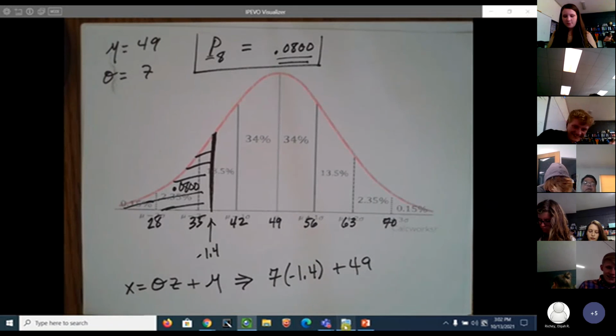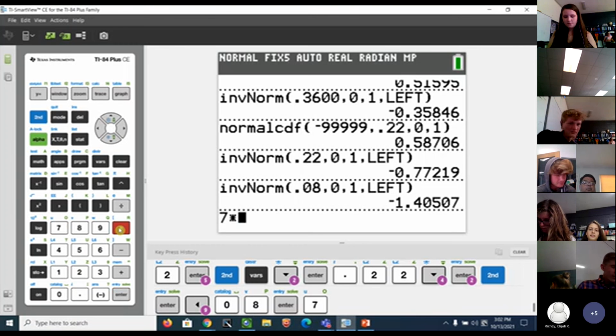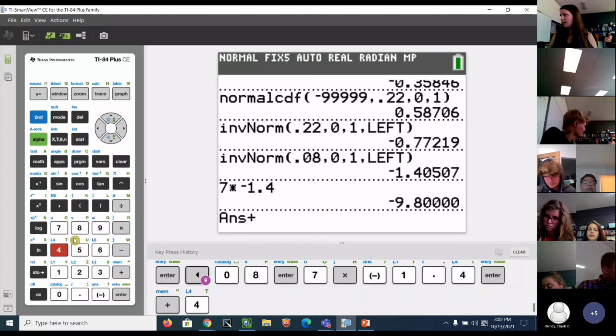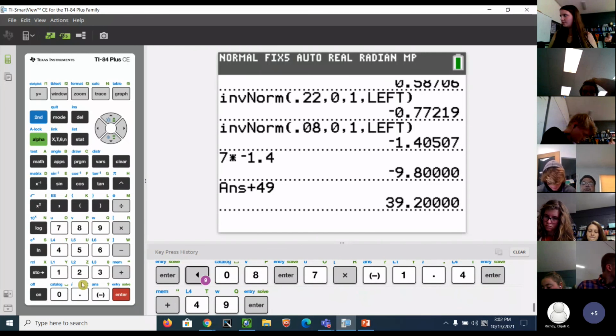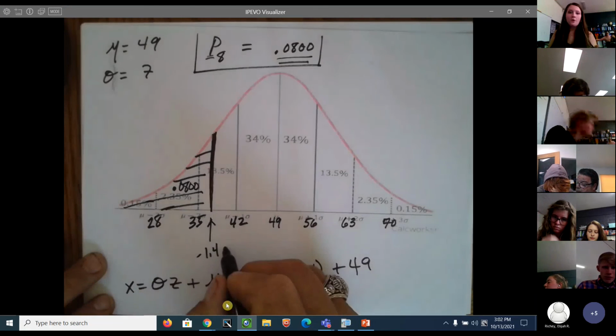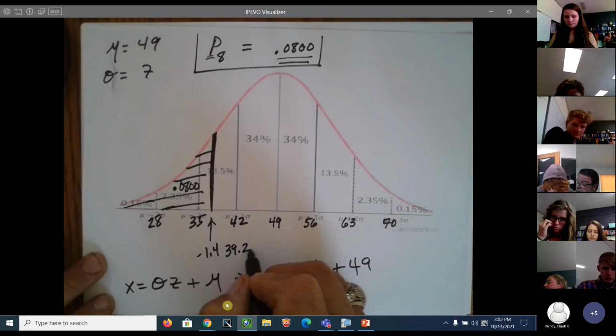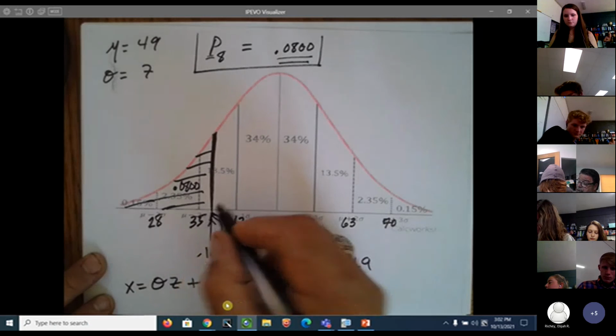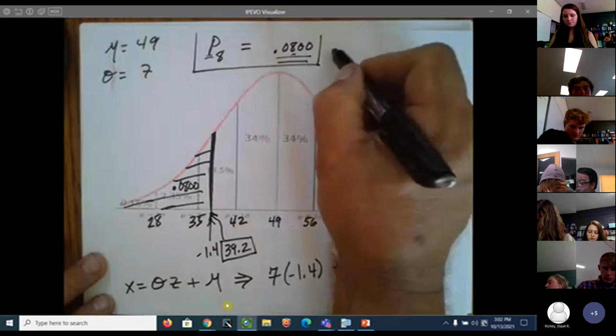So 7 times negative 1.4 plus 49. And the score that you need is 39.2. So 39.2 is the score that represents the 8th percentile.